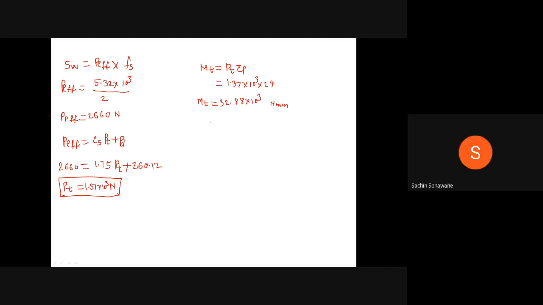Now calculate power. Kilowatt is equal to 2 pi NP into MT divided by 60 into 10 raised to 6.